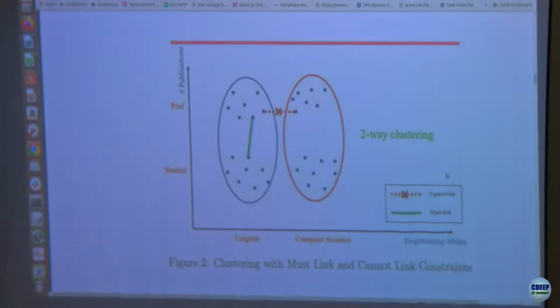Okay, so let's say my perspective of clustering is based on linguist versus computer scientist, as against clustering the profs together and the students together. The way I do this is by putting some constraint. This one says the student and prof are both linguists, so I just put a must-link constraint between only these 2 points.